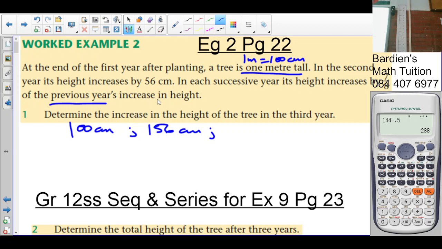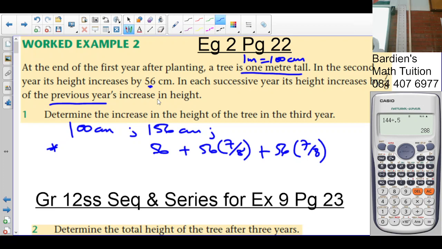So the increase in height of the first year is 56. Then the second year is 56 times 7/8. The next year again, it would be 56 times 7/8 times 7/8, which is 7/8 squared, plus and so on.